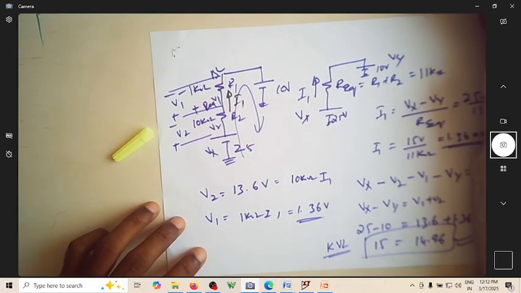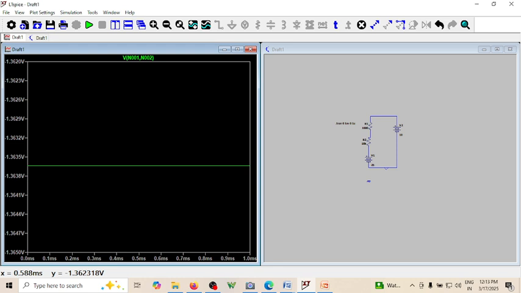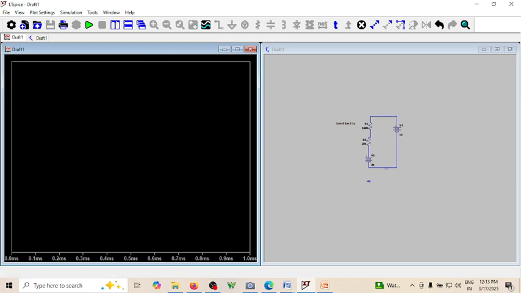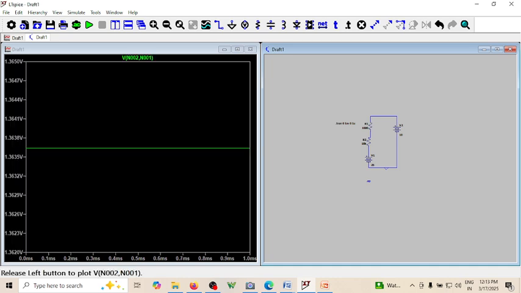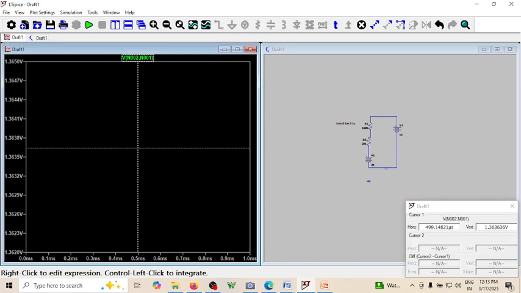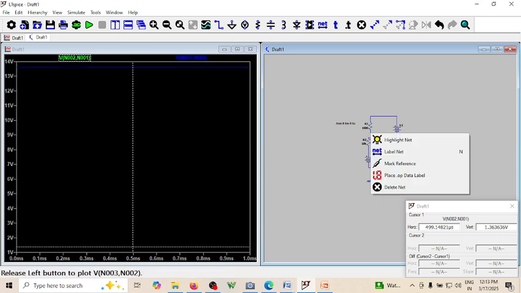So I'll go back here and measure the voltage. Before that, I can delete this. There is a delete option. Then you can measure the voltage from this end to this end. That is 1.363 volts, 1.36 volts. And the voltage across R2 would be, how much?